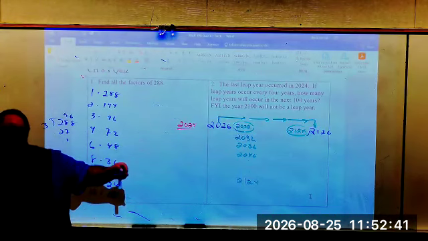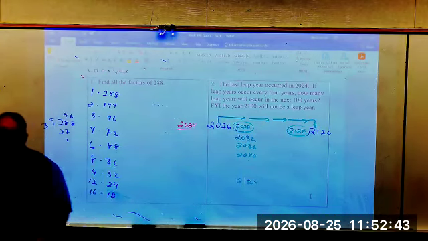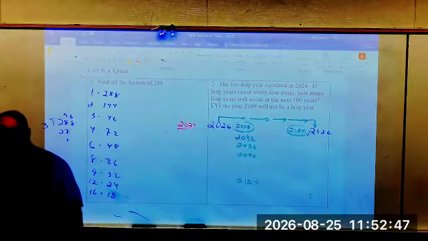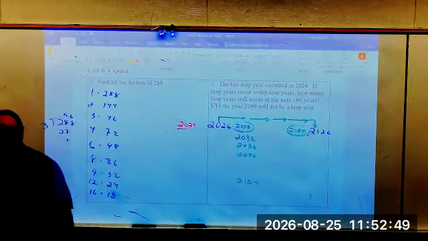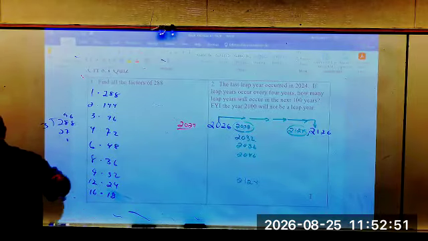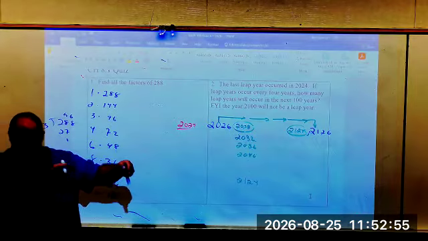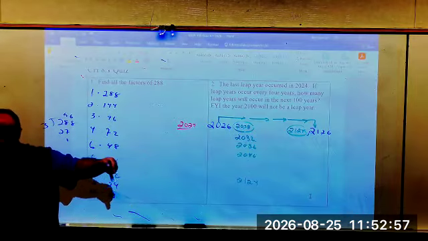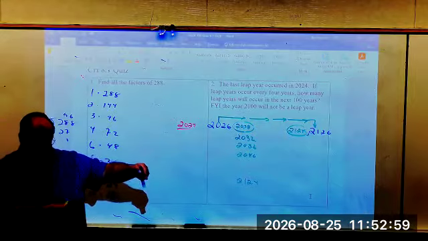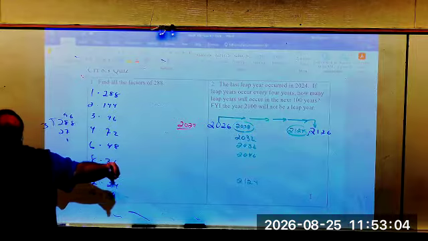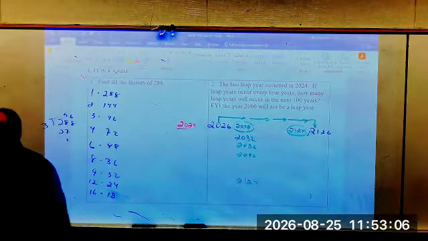If you had 100 of anything, and you're going to slice it up into pieces of 4 at a time, what's the most number of pieces? 25.